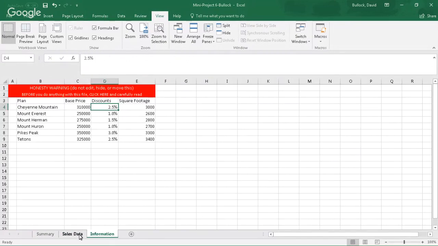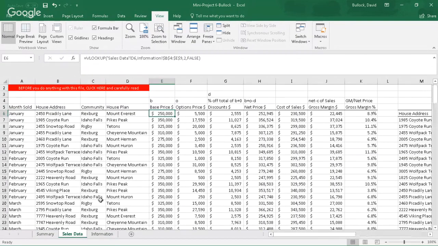So that's my array. I did a VLOOKUP on D6, which is the plan, and I chose the plan right next door to it. I did not anchor that, so it moved on down as I did it.